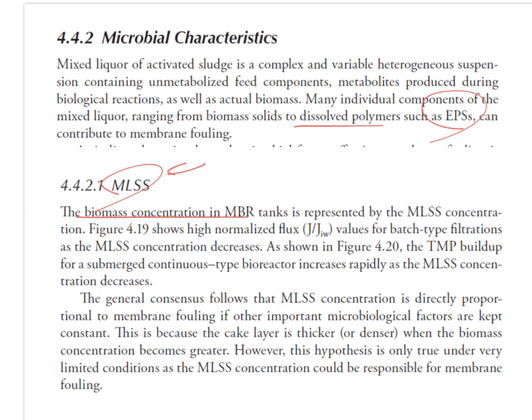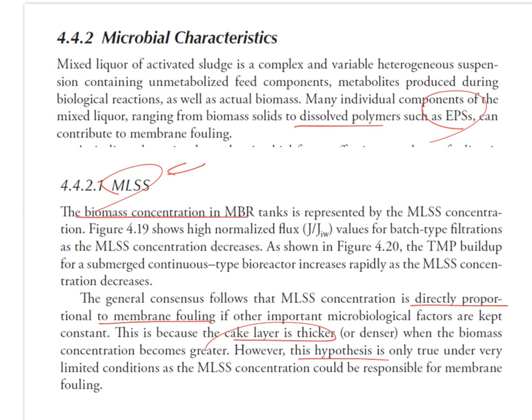MLSS concentration is directly proportional to membrane fouling if other important microbial factors are kept constant. This is because the cake layer is thicker when the biomass concentration becomes greater.